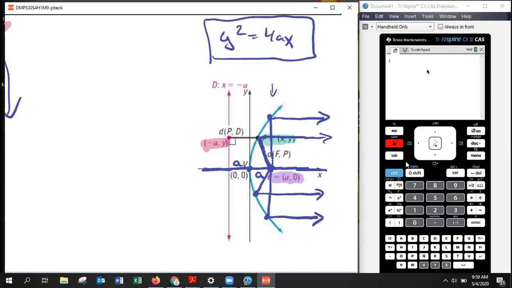Now, on the flip side, let me do this in a different color. What happens if you're actually receiving signals, they're coming in, and they hit the parabola at all the different spots? What happens is they collect into the receiver, and this is really more sound than it is light.